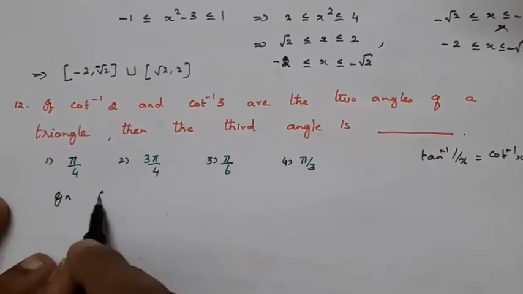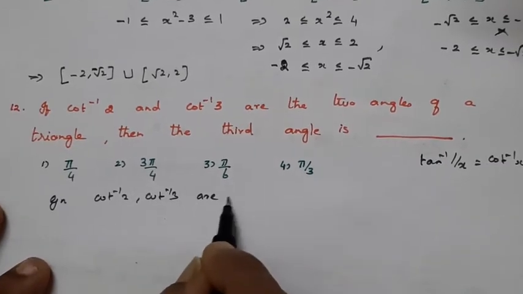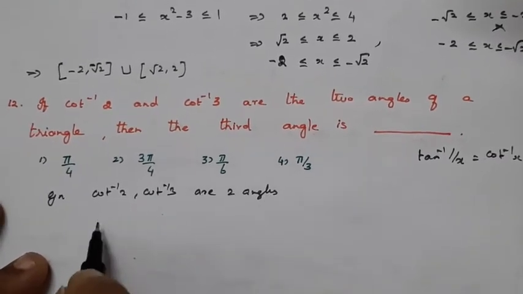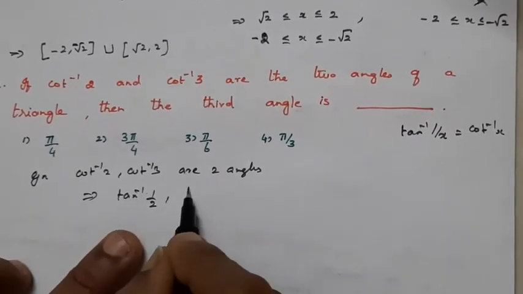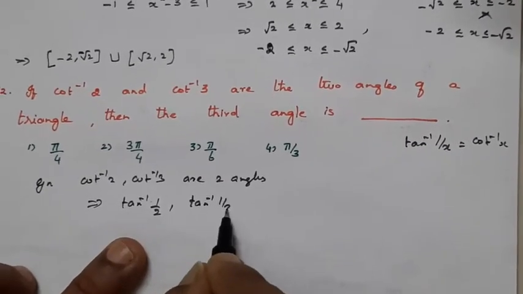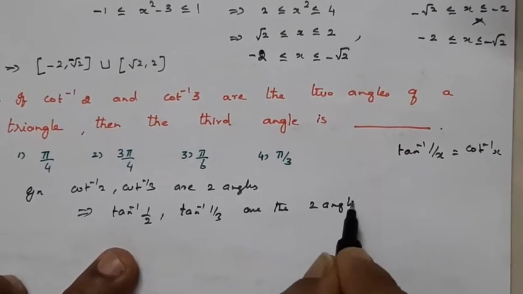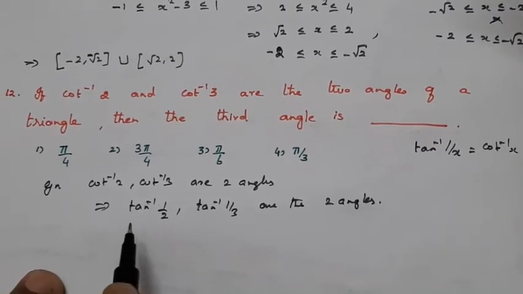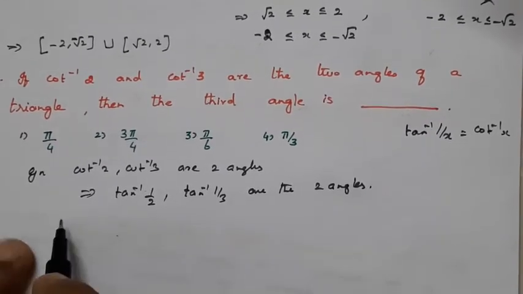Given that cot inverse of 2 and cot inverse of 3 are two angles, this implies that tan inverse of 1 by 2 and tan inverse of 1 by 3 are the two angles. Moreover, you know that the sum of three angles of a triangle is 180 degrees.